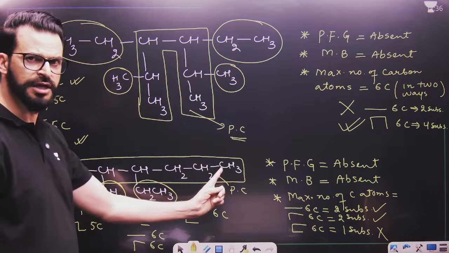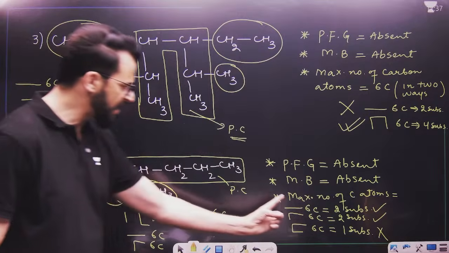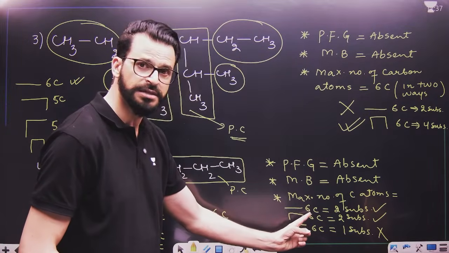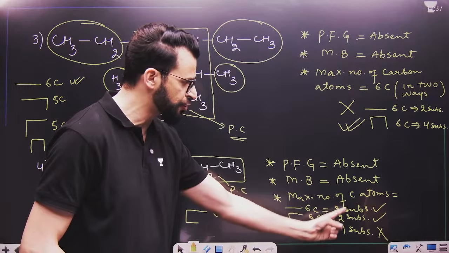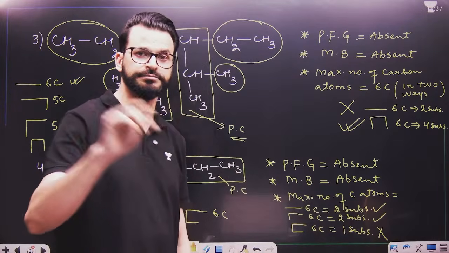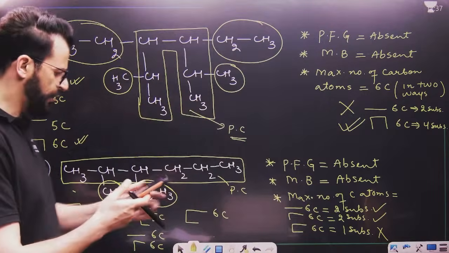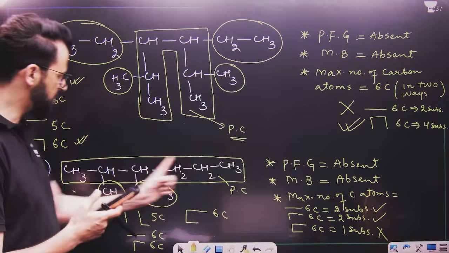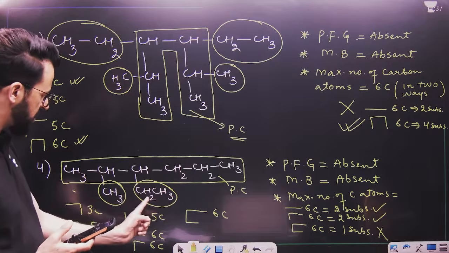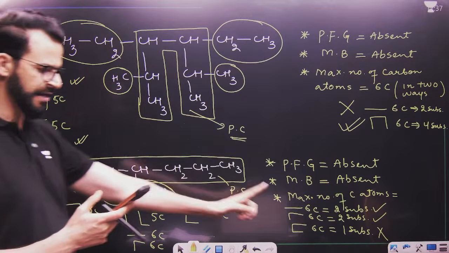Both have 2 substituents, because the maximum number of carbons and substituents are equal. So both these are correct. It's up to you now: you can take the straight chain or you can take this one. But this can never be the parent chain, because the substituent there is only 1.